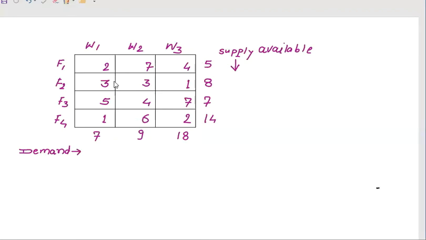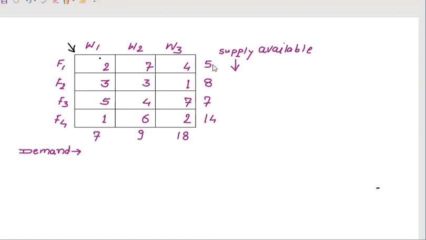So we start with the cell 1, 1. It is the northwest corner. So the method is northwest corner rule. We begin with the cell 1, 1 and allocate maximum possible quantity in this cell. Now there are 4 factories, F1, F2, F3, F4, and 3 warehouses, W1, W2, W3.